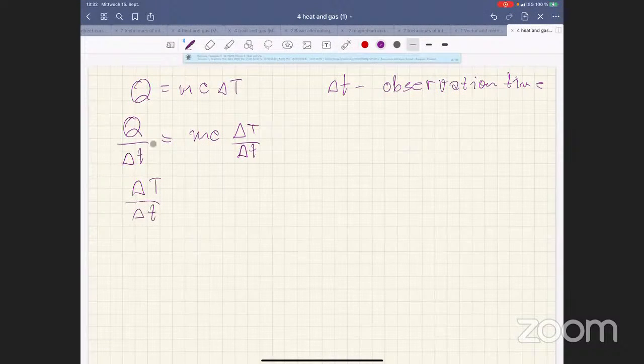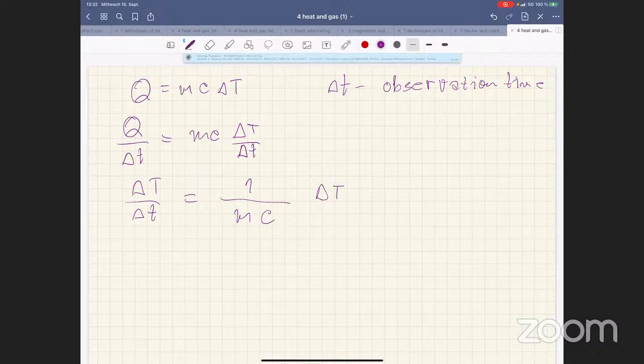The upper one is the change of temperature, and the small one is the change of time. It's the rate of change. So we would have 1 by MC times Q.